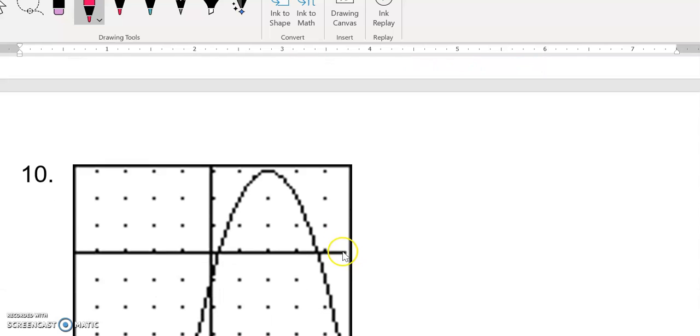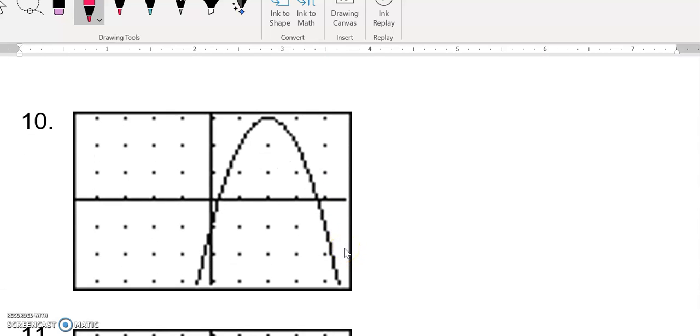And then, here we go. Here's your vertex. Over 1, down 1. 1, 2, 3 down, hit still that, so it's the parent function. And we open down, so it leads off with a negative.